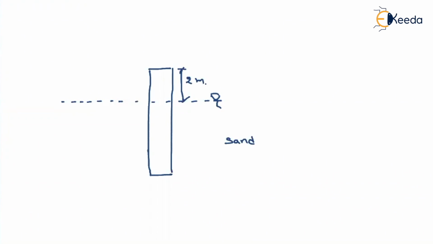Let us consider the diameter of the pile is given as 30 centimeter, and the angle of friction of the sand is given as 35 degrees, and in saturated condition let us consider the gamma will be equal to 21 kilonewton per meter cube.